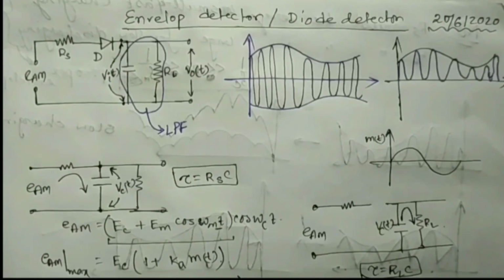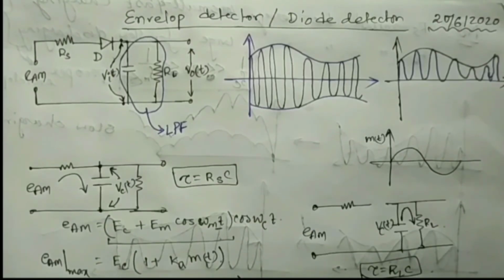This envelope detector has several advantages, that is, it is of low cost and it's very simple, and it is widely used in AM broadcasting, but it has several disadvantages as well. As it is non-linear, distortion may happen.